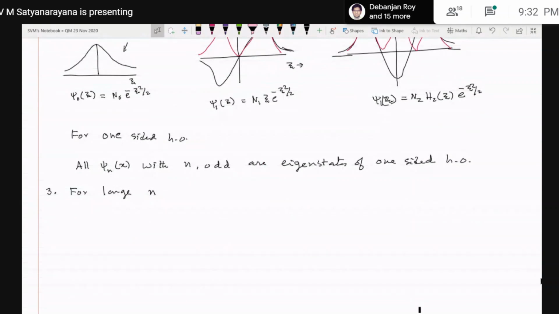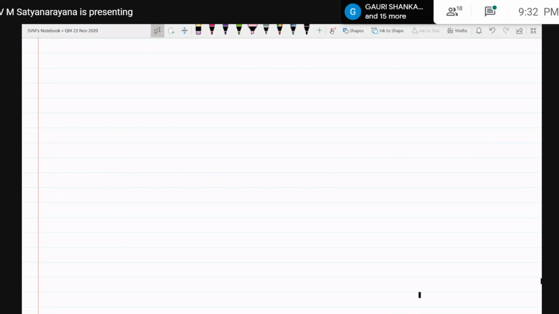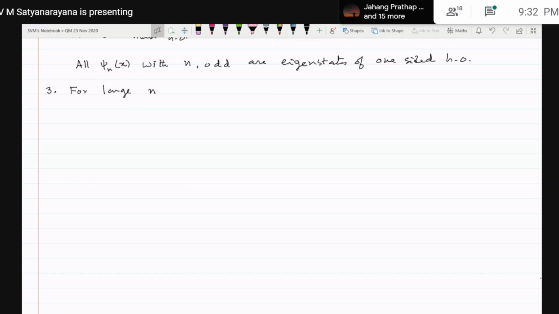So if you have n to be very large, and you ask what is the probability, you can see that the probability will have some kind of value like this.